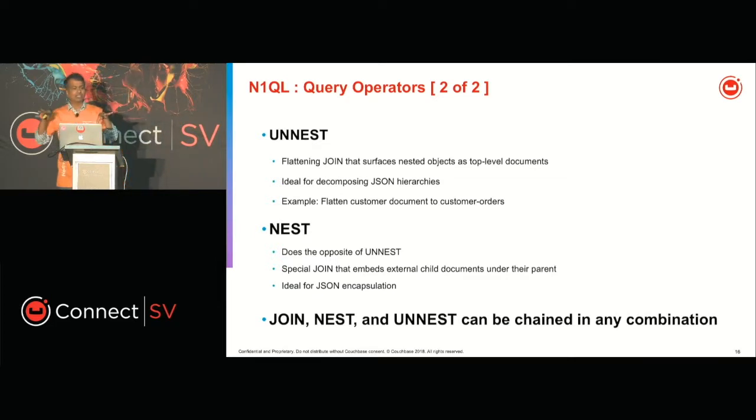Nest takes the flattened structures and creates a single document with arrays of scalars or objects within it. Nest and unnest are operations at the same level as inner and left outer joins. So inner, left outer, right outer, nest and unnest can be chained in any combination.